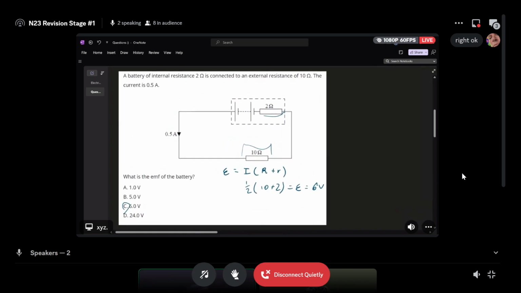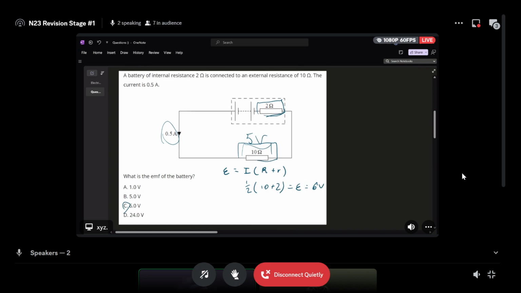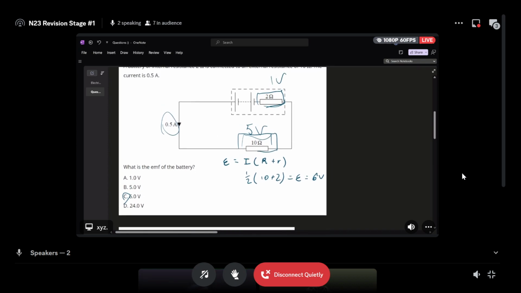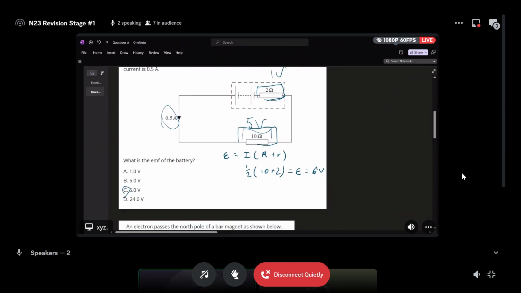If you look at the size of our resistors, they're both quite small. With the current here you'll have 5 volts, and here you'll have 1 volt. So 24 volts is out of this world.